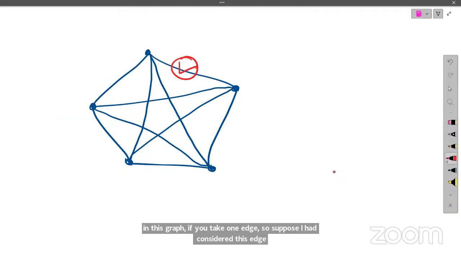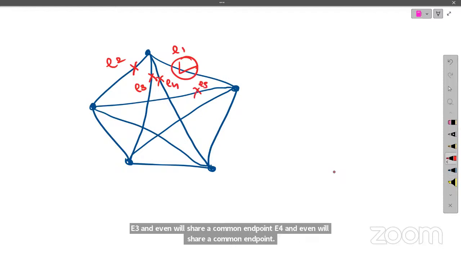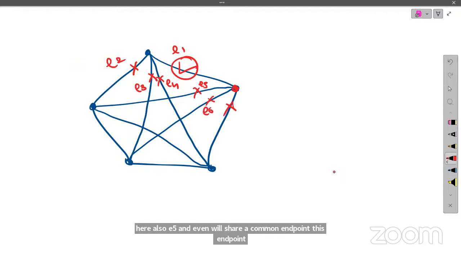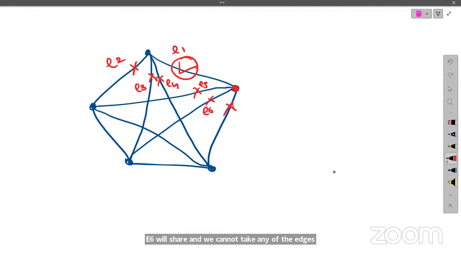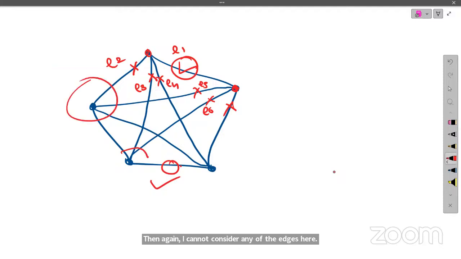Then any edge which shares a common endpoint cannot be taken: E2 and E1 share a common endpoint, E3 and E1 share a common endpoint, E4 and E1 share a common endpoint, E5 and E1 share this endpoint, and E6 too. So we cannot take any of these edges. I have to move to another edge, and again I cannot consider any of the edges here. So ultimately, this particular vertex will be abandoned.